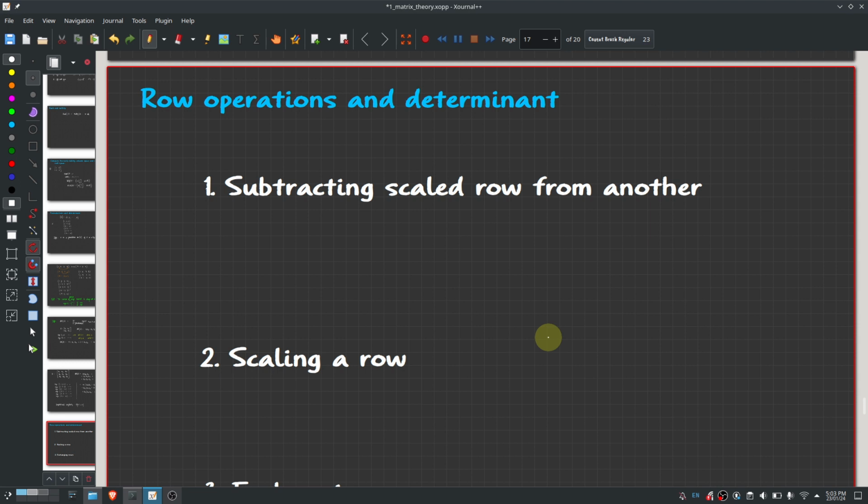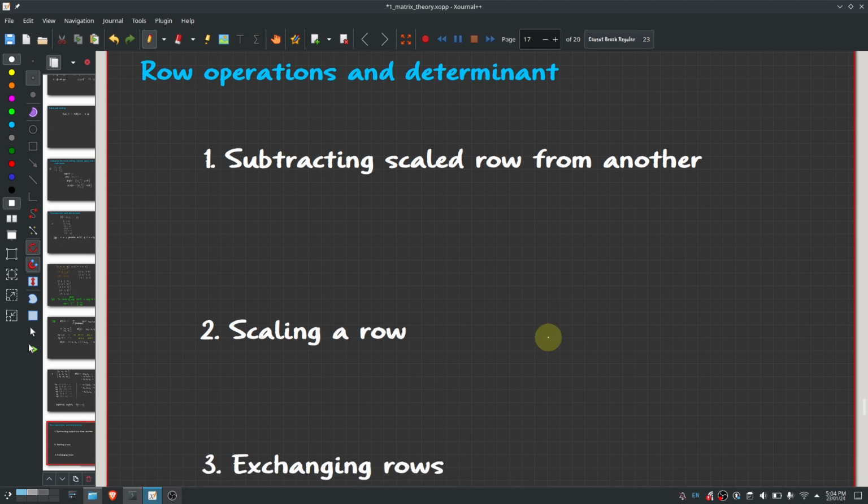So what is the complexity of finding the determinant? Order of n cube. How? Okay, so let's see that. Suppose I give you a matrix A and I perform a sequence of row operations.